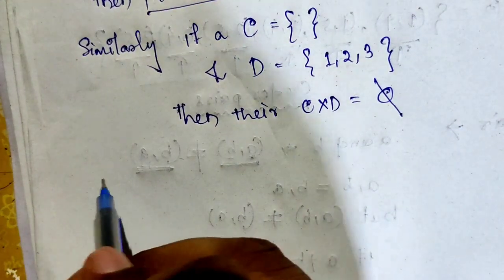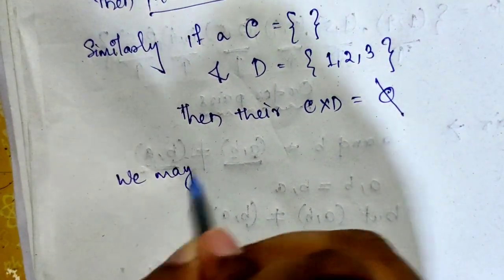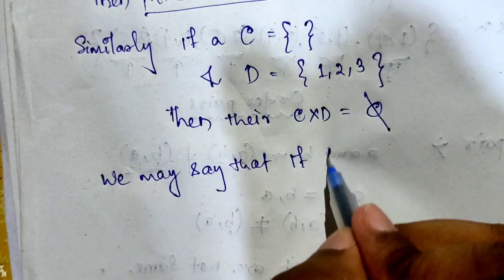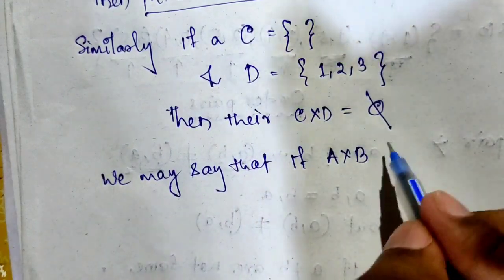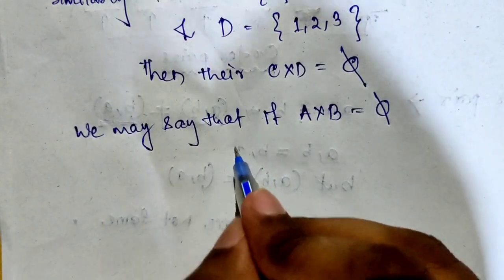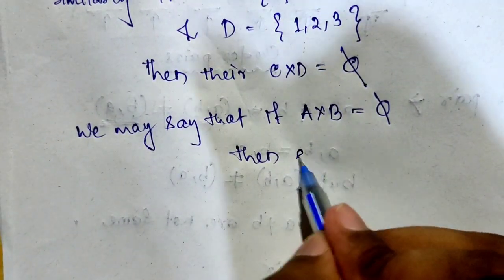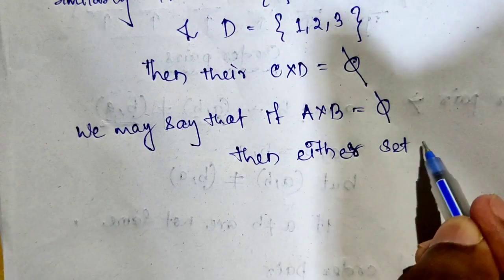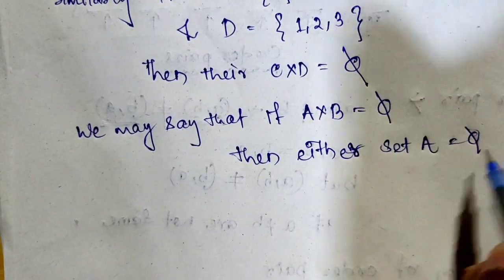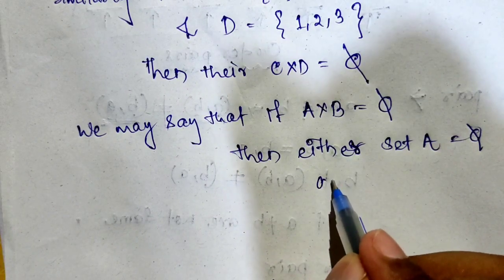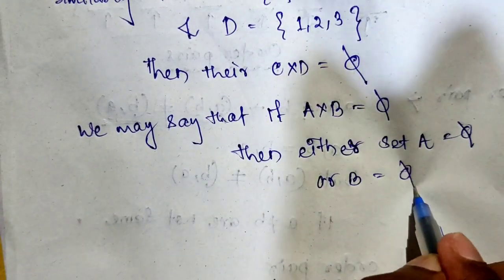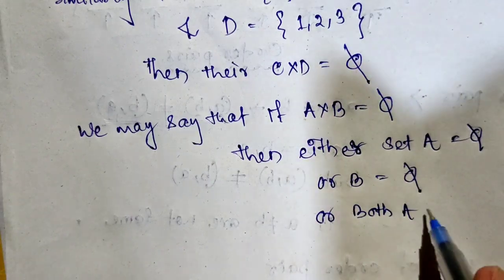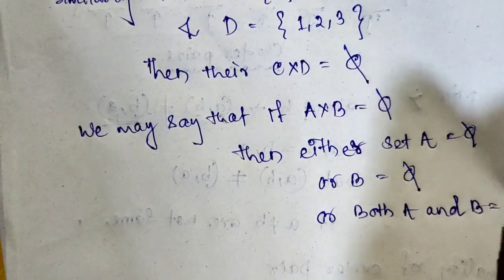Conversely, we may say that if A cross B is equal to phi, then either set A is equal to phi or B is equal to phi, or both A and B are equal to phi.